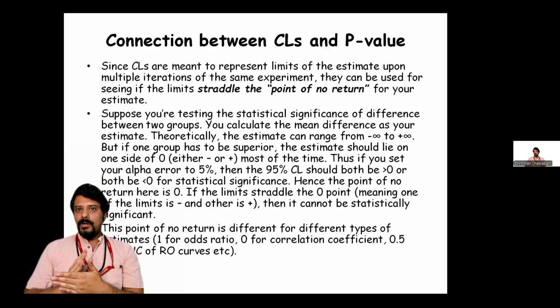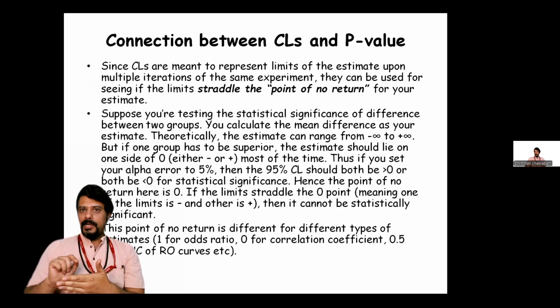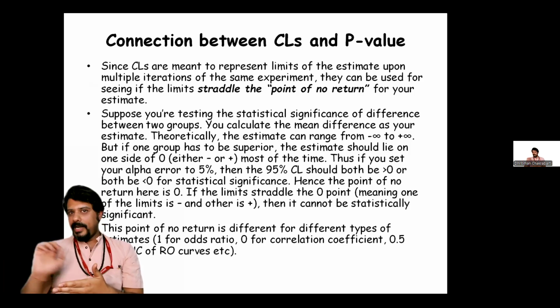Okay, so suppose your correlation coefficient came out to be positive, like 0.4 or something, and your 95% confidence limits for your correlation coefficient came out to be, suppose, minus 0.1 to plus 0.8.